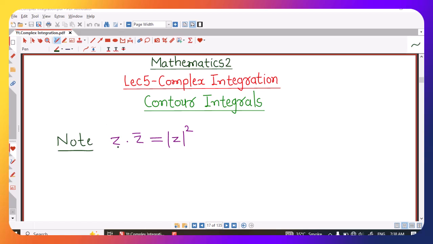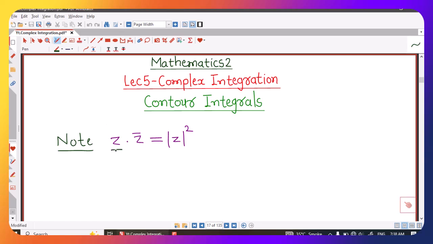We can prove that if we multiply the complex variable z with its conjugate, then we obtain the square of the absolute value of z. We recall the definition of conjugate and absolute value of z.